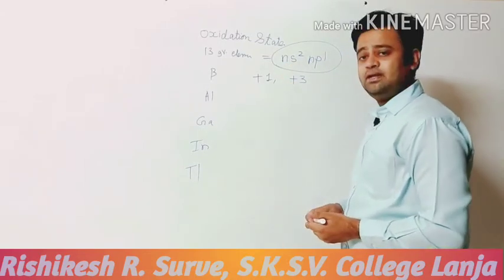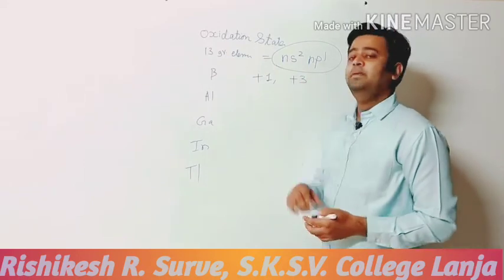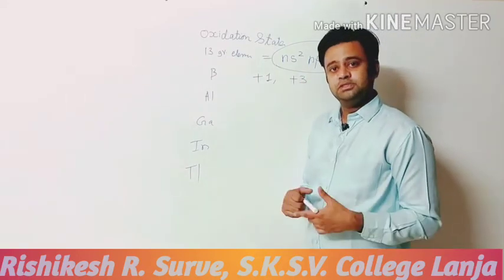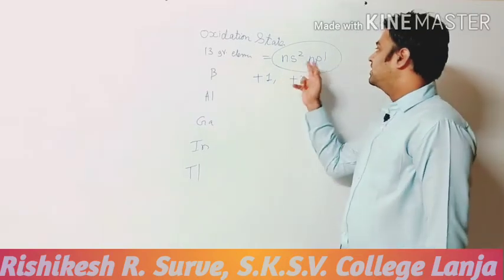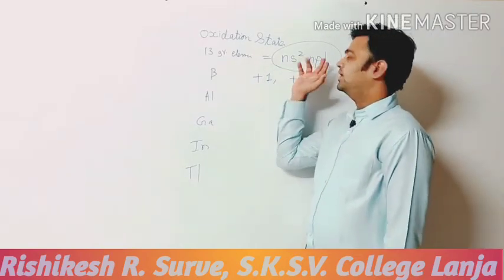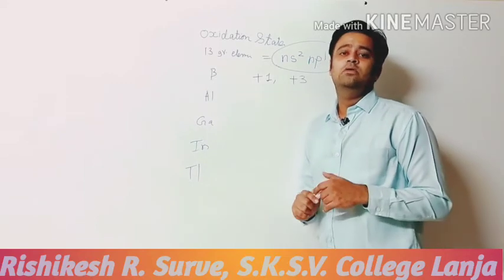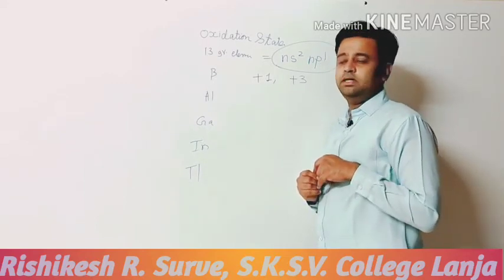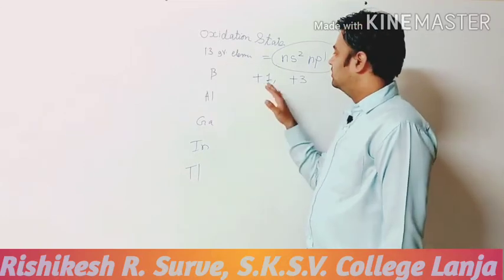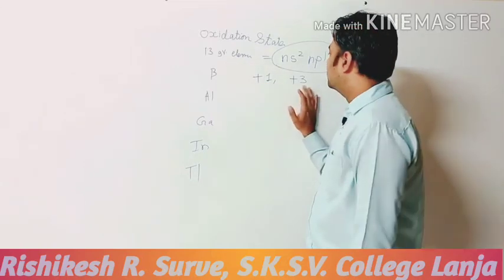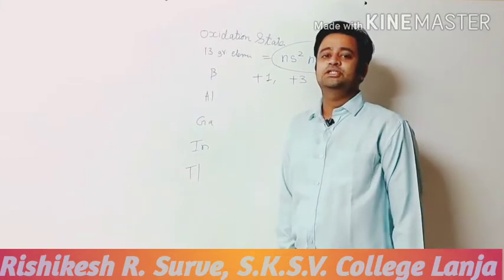If +1 is there, then the p electron takes part in bond formation, and if the oxidation state is +3, all these 3 electrons, ns2 and np1, take part in bond formation. But here the group 13 elements will show either +1 or +3 oxidation state.